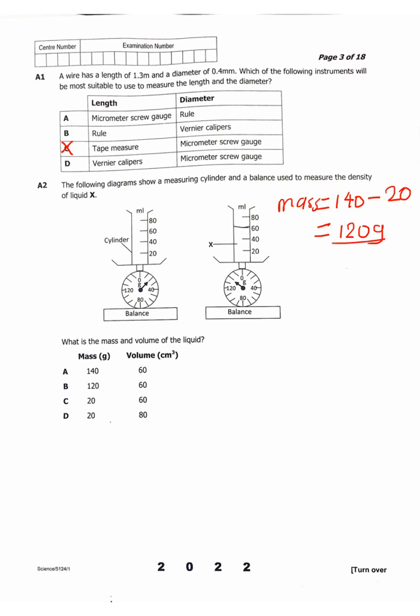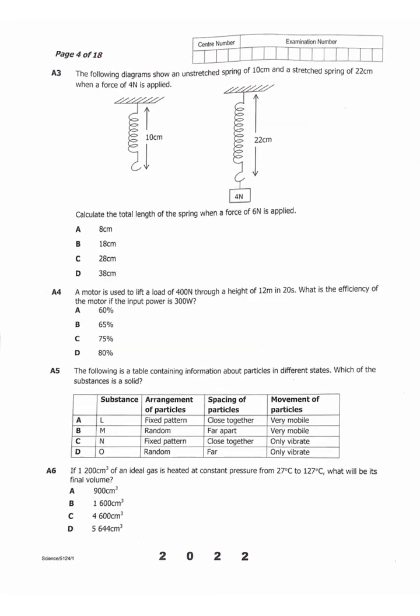So this 120 grams is the mass for this liquid X. So we know that now from the multiple choices, we have the answer B. So our answer is B, since the liquid volume, we can see that here this is 60. So we can see that the mass is 120 and the liquid is 60 cubic centimeters. Okay, now let's move on to question 3.